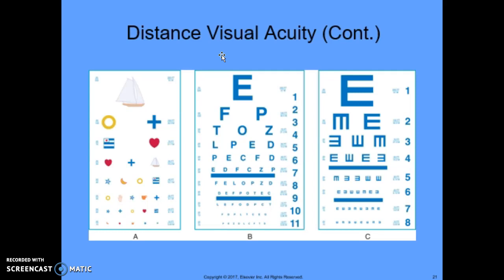Remember that. If they have 2 mistakes, you go back up to the line above it. You can find this in figure 13.9, and I want you to take a look at that, especially when you're working on procedure 13.1, because 13-1 outlines the procedure for measuring distance visual acuity with the Snellen chart.